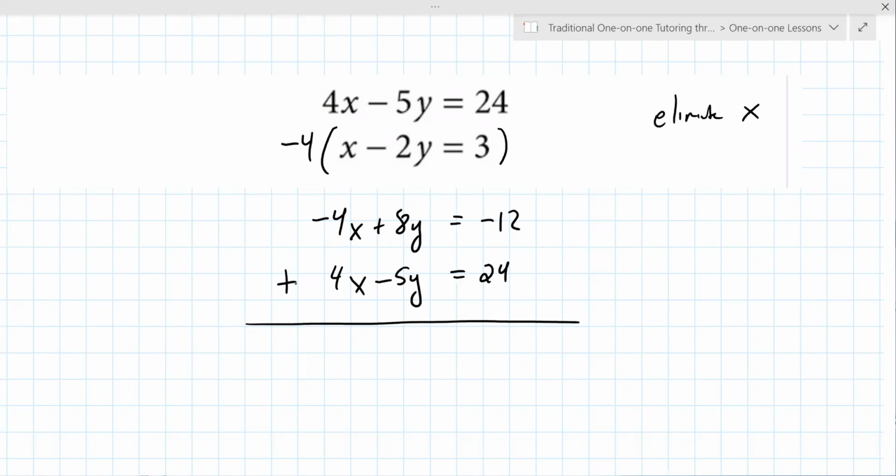Y equals -4 and x equals -5. So 3y equals 12, y equals 4. Is that what you said? Yes. Or did yours get the sign error?